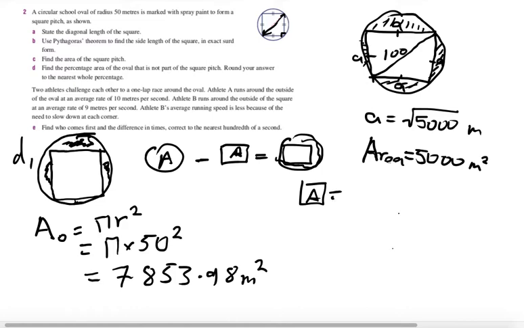So the square's area equals 5,000 meters squared, as you can see up there that we worked out previously. We're being asked to find the percentage area of the oval that is not part of the square. So we're not actually being asked what is the shaded area, we're finding out the percentage of the shaded area.